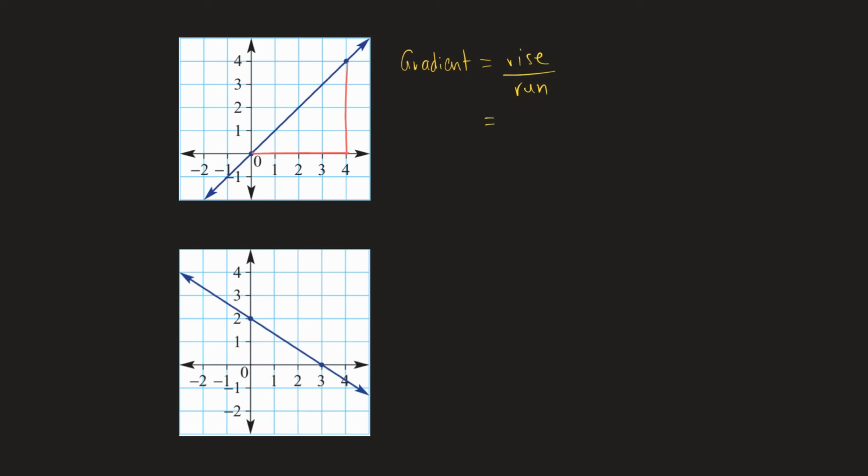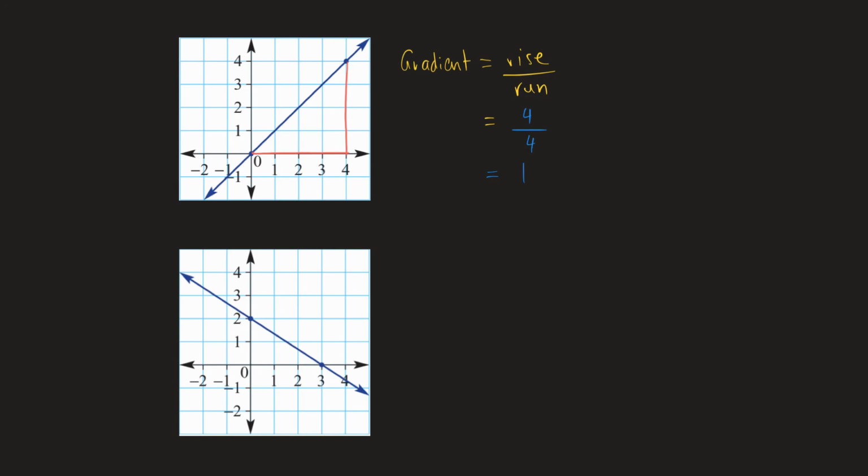So if we look at our rise here, it goes from 0 all the way to this point. We move across there, so it's going to be 4. So the rise is 4, and the run is from 0 to 4. So the run is also 4. So therefore the gradient of that line is going to be 1.